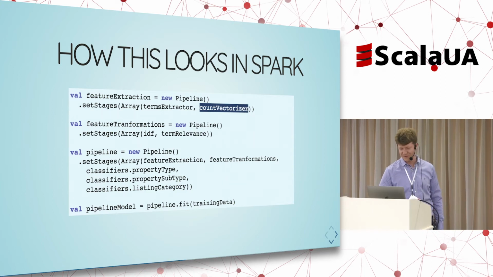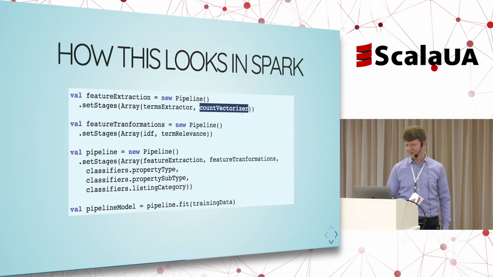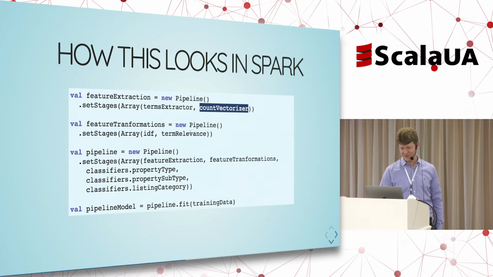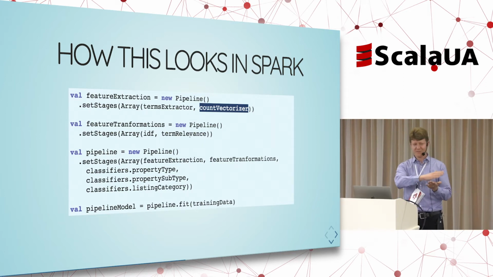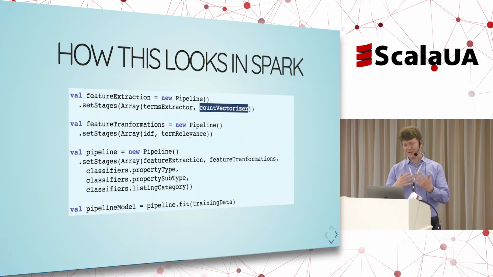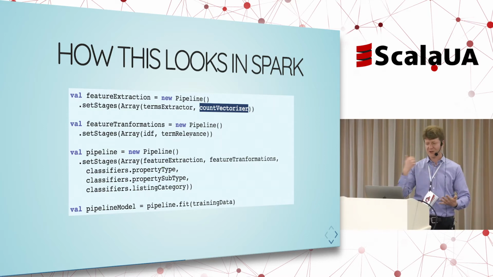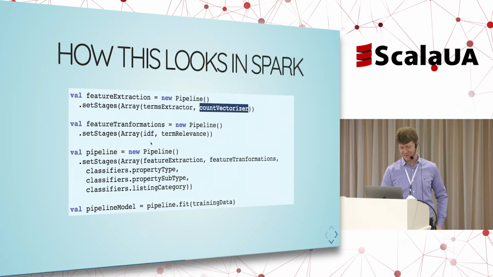That's also a component you don't have to implement yourself. Spark will do that for you. So the count vectorizer will basically assign a dimension to each of your terms, and using this mapping of term to dimension will just map this into the real valued vector space.